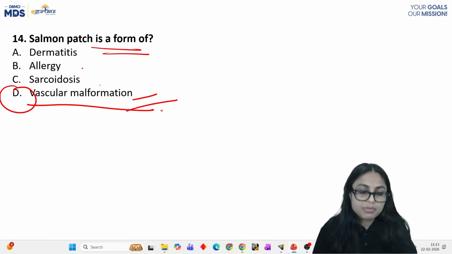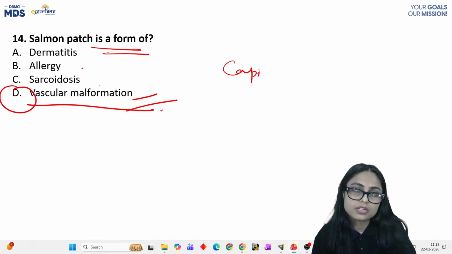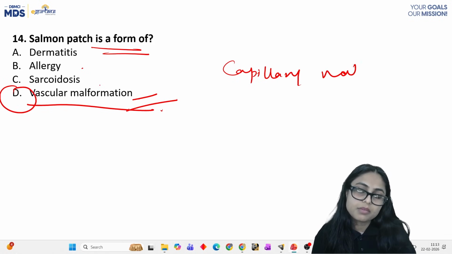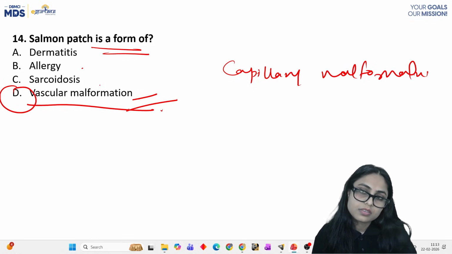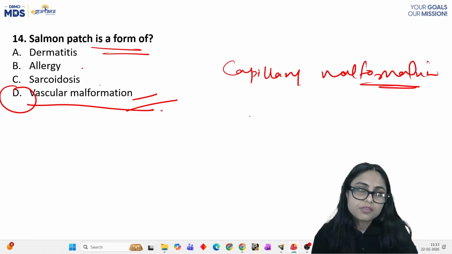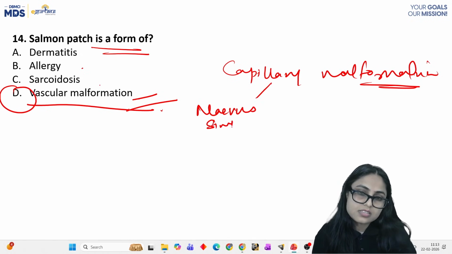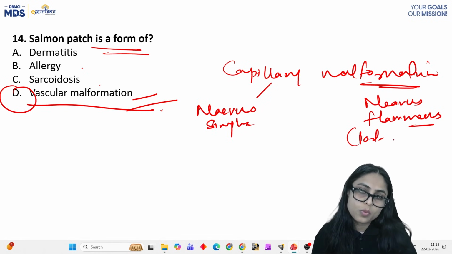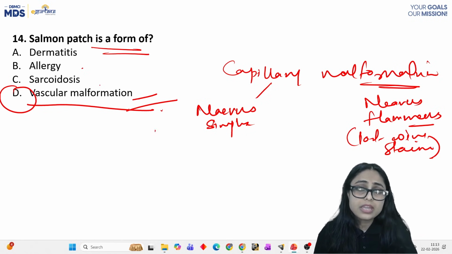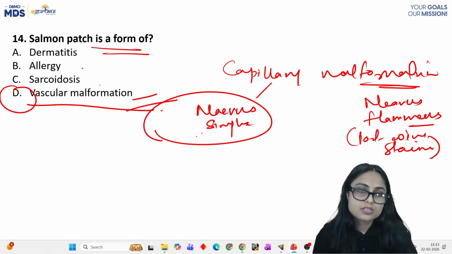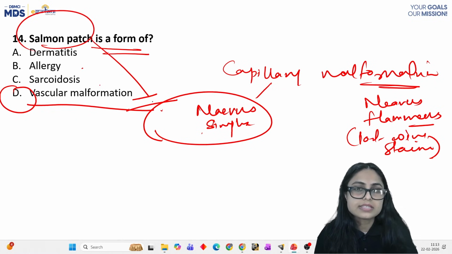So we have capillary malformation, and there are two types of capillary malformation: nevus simplex, and the second one is nevus flammeus. Nevus flammeus is also called port wine stain. What is nevus simplex? This is called salmon patch.